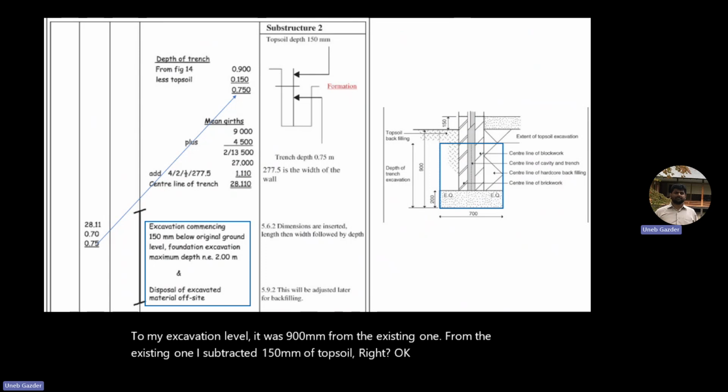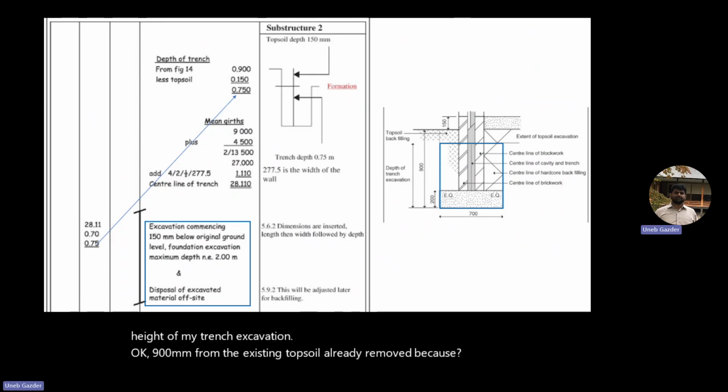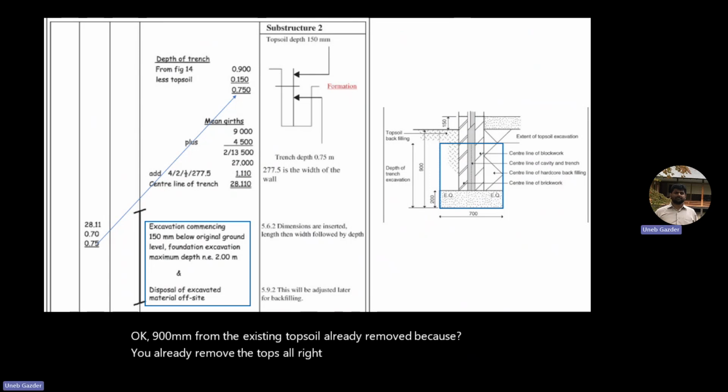Okay, so this will be the height of my trench excavation. Okay, 900 millimeters from the existing, but the topsoil is already removed, because you already removed the topsoil, right? So I don't need to add it in the excavation again. Remember, I'm calculating the quantity of trench excavation. So I don't need to add it. It's already removed. Okay. So the remaining height which I need to excavate for the trench is 0.75 or 750 millimeters.